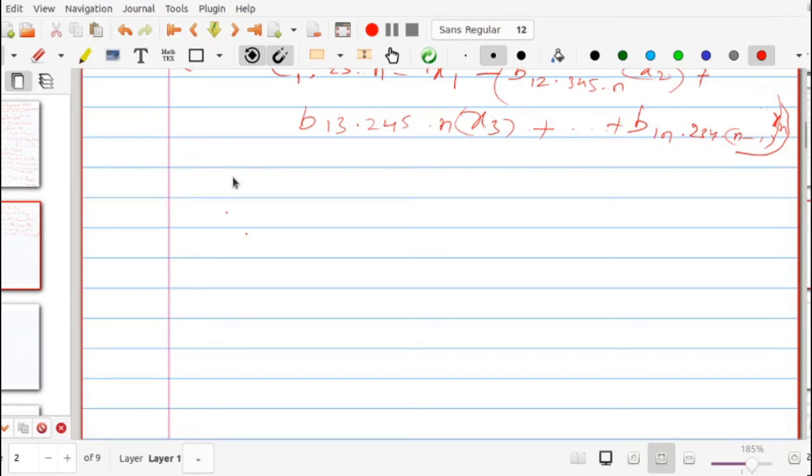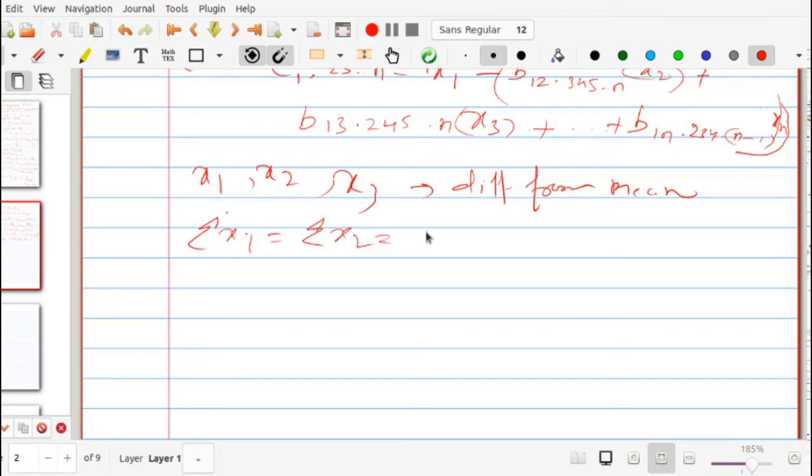Now, since x1, x2, and x3 are the difference from the mean, or the distance from the mean, obviously the summation of x1, the summation of x2, and the summation of x3 will be 0, right? Now, based on the least squares method, the square of the error or the residual should be minimum, right?